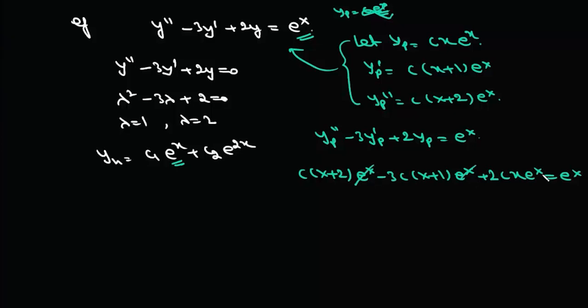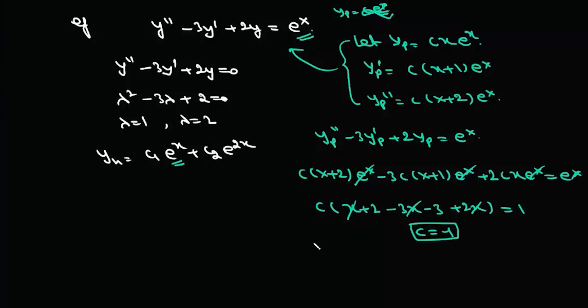Now this e to the power x we can cancel. Now we can take c common, so it will be c times x plus 2 minus 3x minus 3 plus 2x, which is equal to 1. Now the x terms will cancel, and we get the value of c as minus 1.